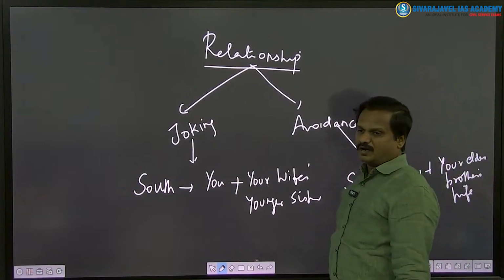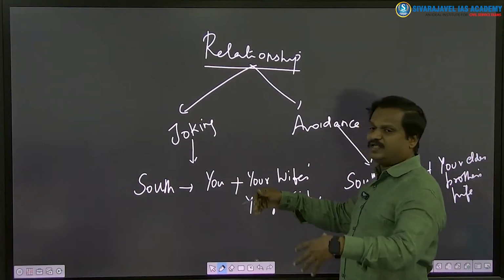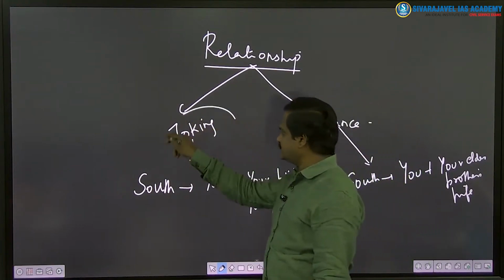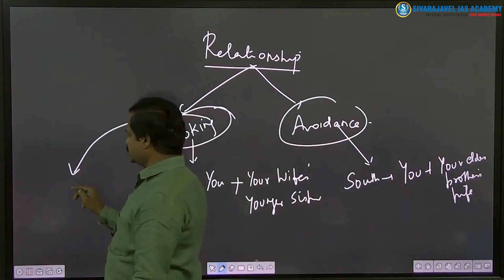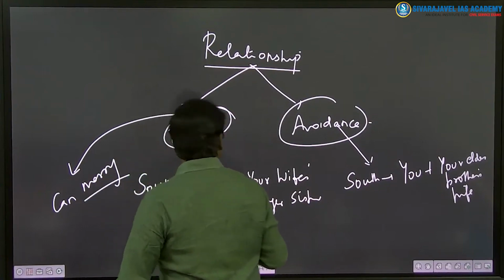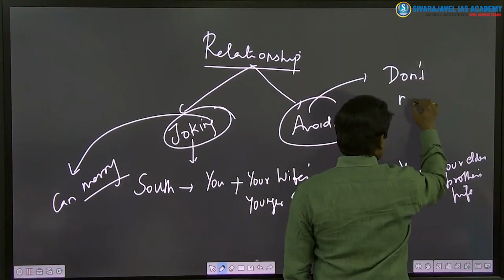So freely you cannot talk to them, whereas here you can freely crack jokes. The purpose is that people who have a joking relationship can marry. People who have an avoidance relationship cannot marry.